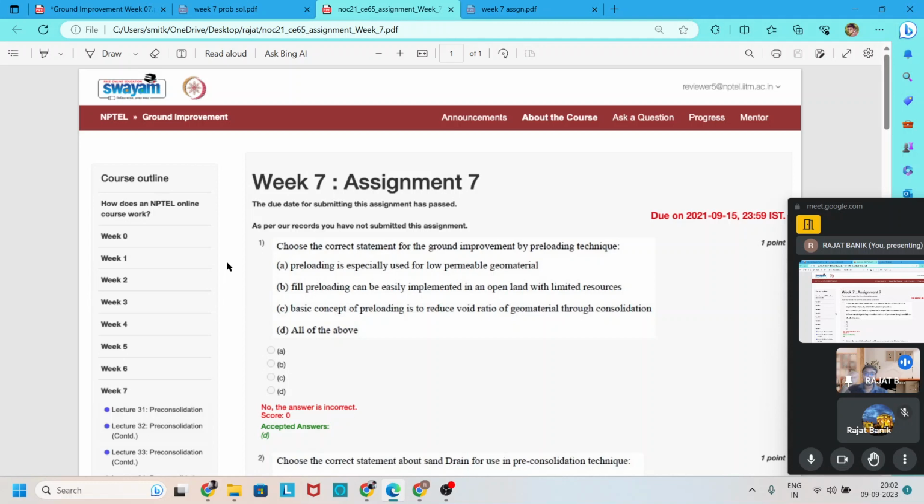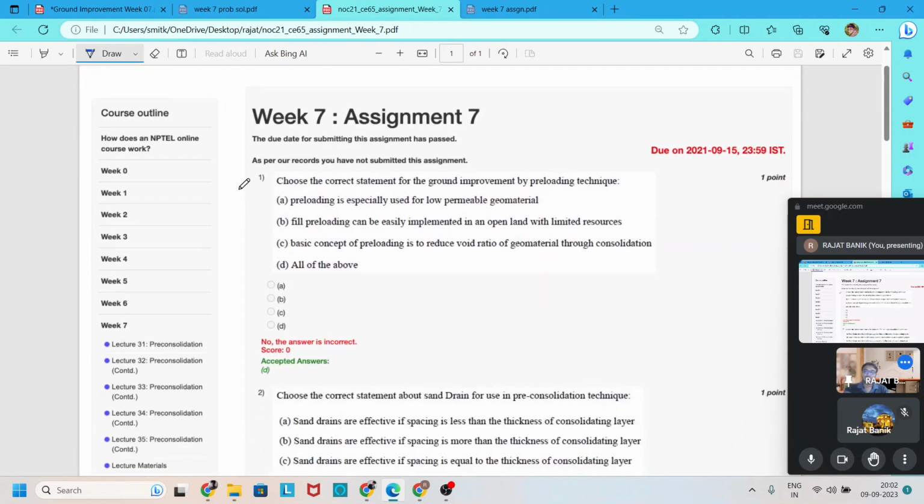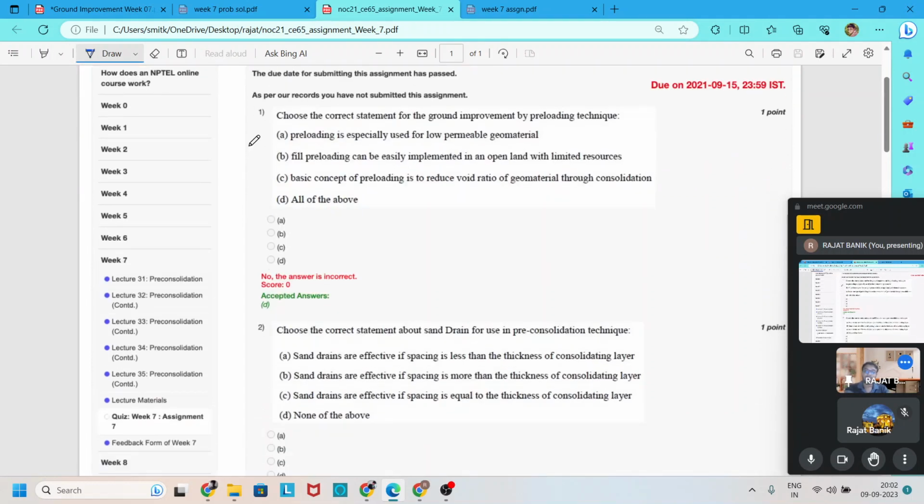Now we discuss the previous year assignment problem in our session, of which the solution is also given on the NPTEL website, and we discuss one by one. Ten problems are given. The first problem asks to choose the correct statement for ground improvement by the preloading technique.